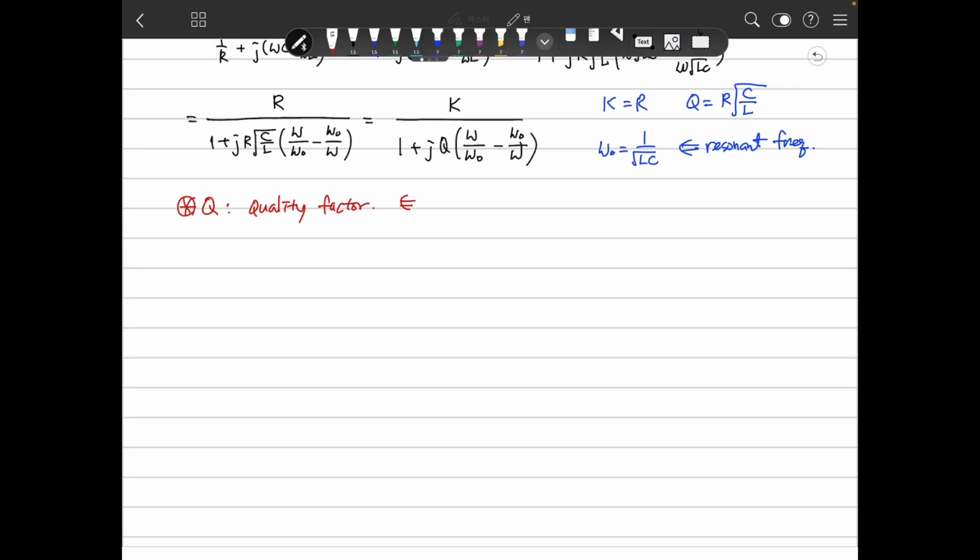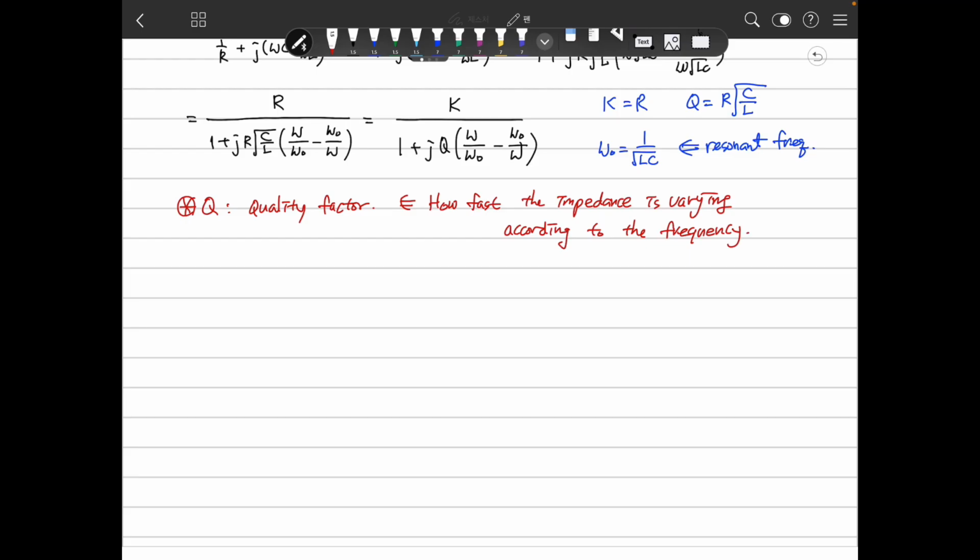So this variable shows us how fast the impedance is varying according to the frequency.